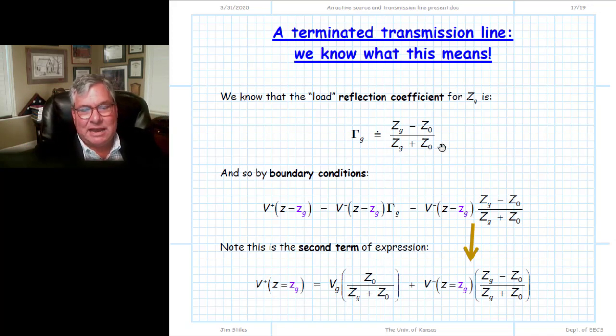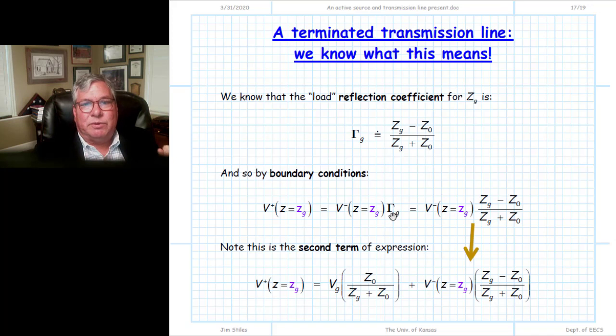But again, this is the same as the gamma L we get for a passive load that is connected to the end of a transmission line. And we know that this value relates the incident wave at that load to the reflected wave at that load. That the reflected wave is equal to the incident wave at the load location times that, quote, load reflection coefficient, now we call gamma G.